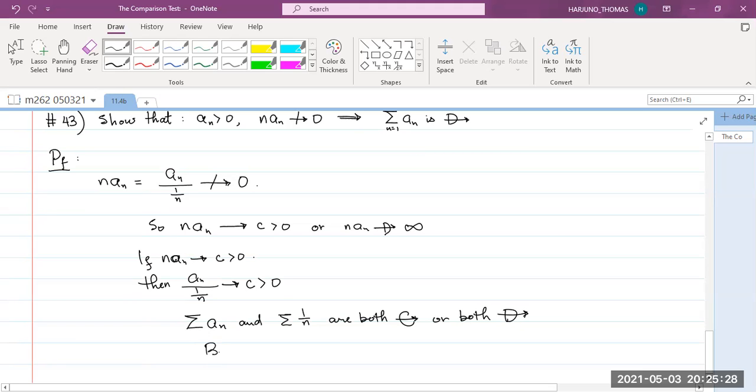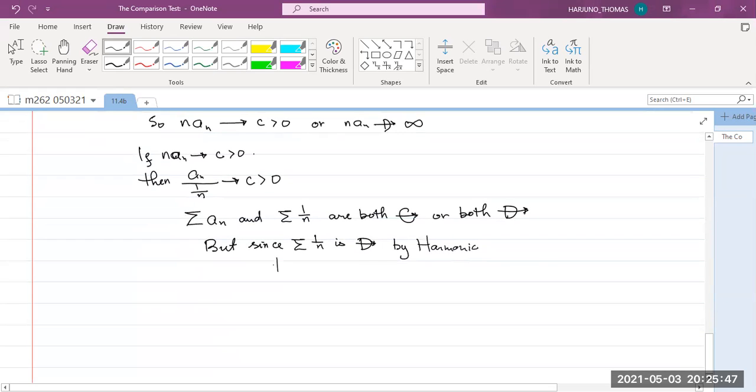But since this series is divergent by harmonic, the series a sub n is divergent by limit comparison test.